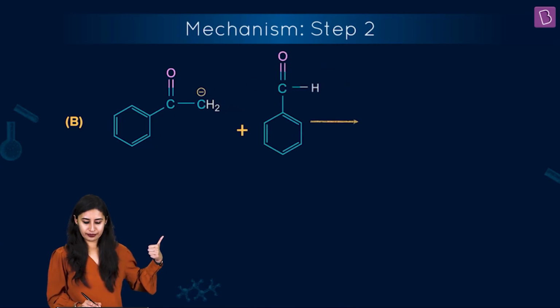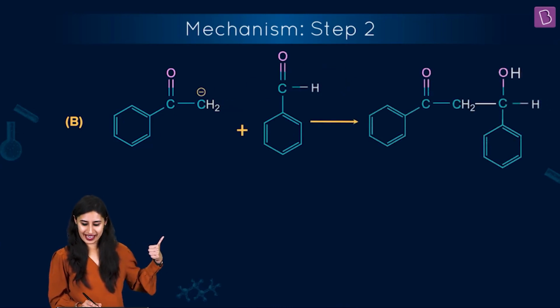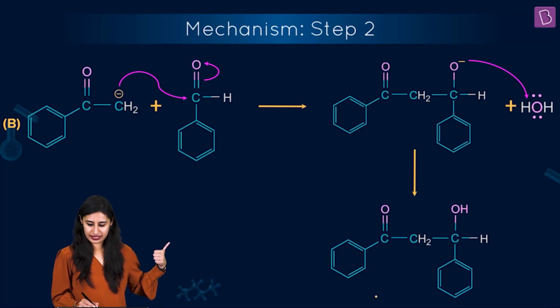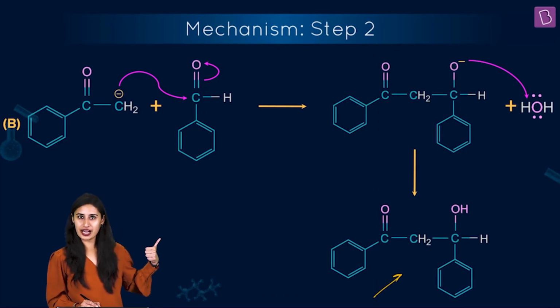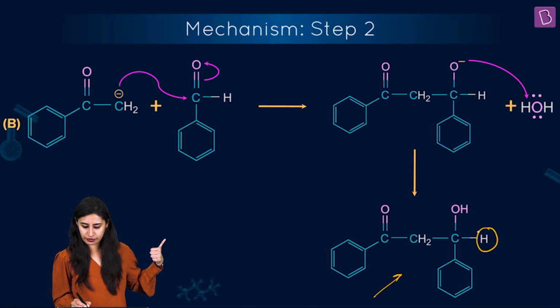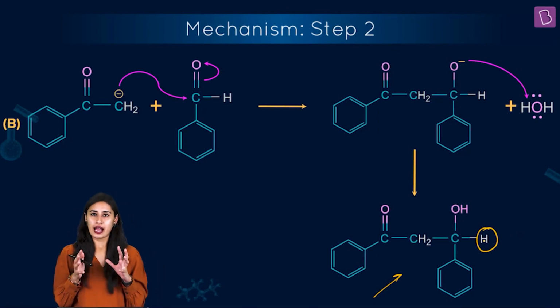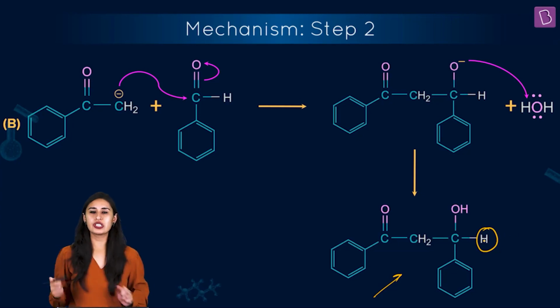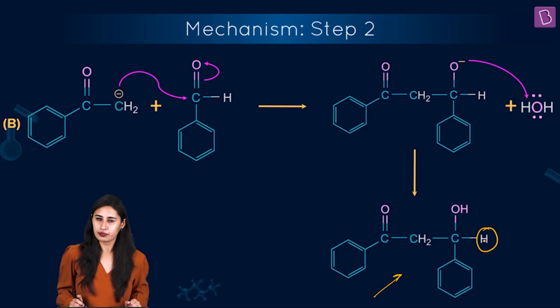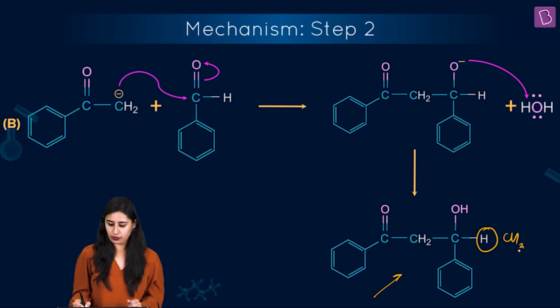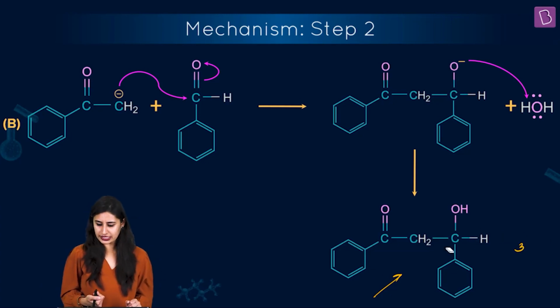And then you know the possibility of dehydration of the beta hydroxy carbonyl compound. The difference here is that the aldehyde, benzaldehyde, has been receptive towards this nucleophilic addition reaction. In the previous one, a CH3 was here. That was the only difference.